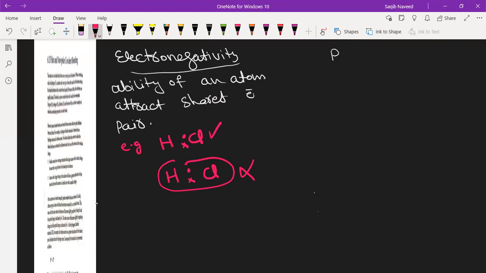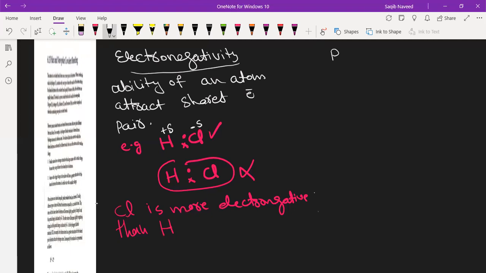Why? Because chlorine is more electronegative than hydrogen. So that is why electron pair is tilted toward the chlorine, and hence it will get the charge of partial negative, and hydrogen will get the charge of partial positive, not the complete positive.